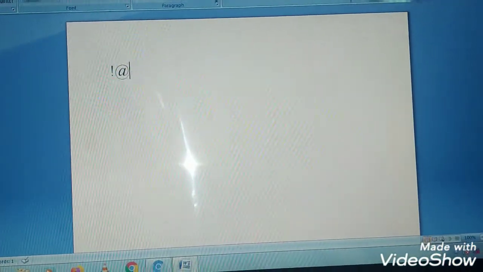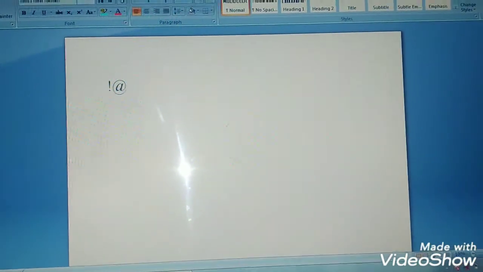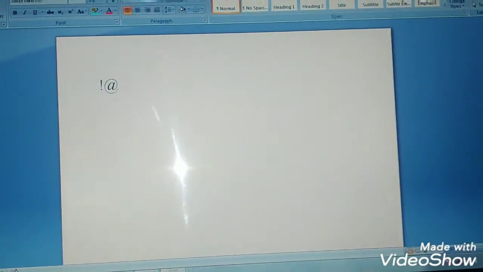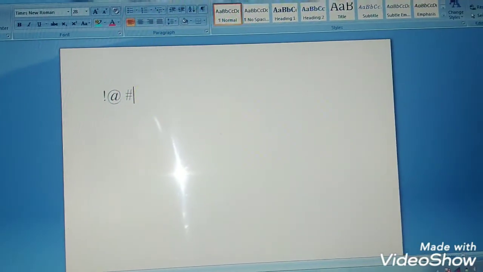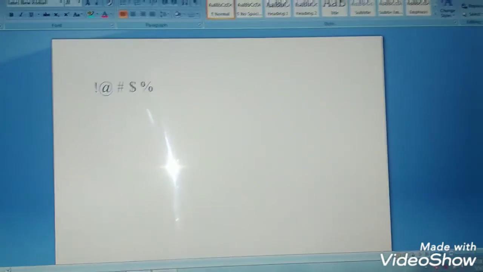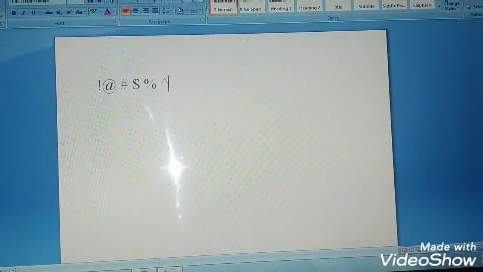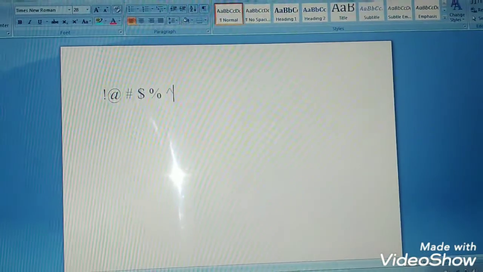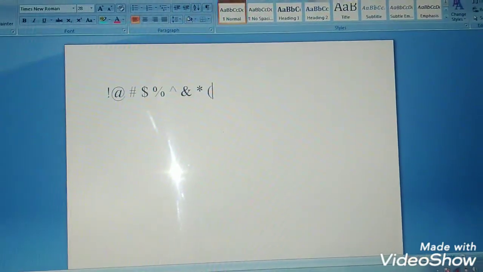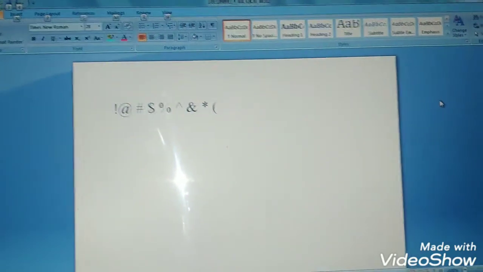And when we press shift plus key 3, you can see on the monitor we write a hash sign, and next dollar sign, next percentage sign, and next I tell you that this sign is used as a power, and next star, next these brackets are used.